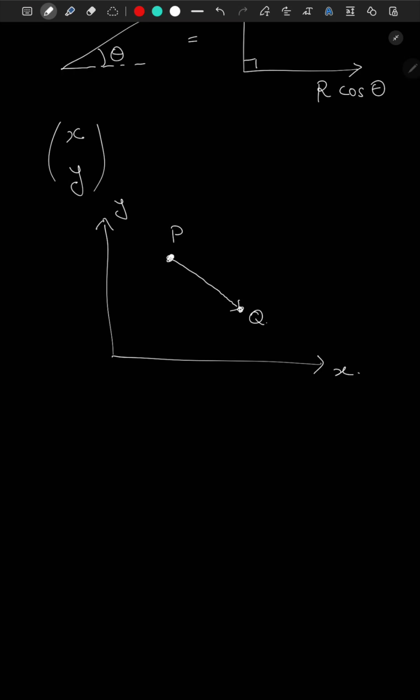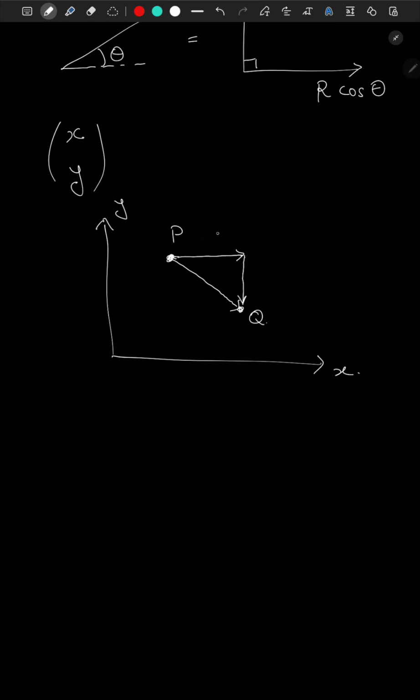The boat has to travel to the point Q, so it can proceed firstly in this direction to the east, and then it can go towards the south direction.